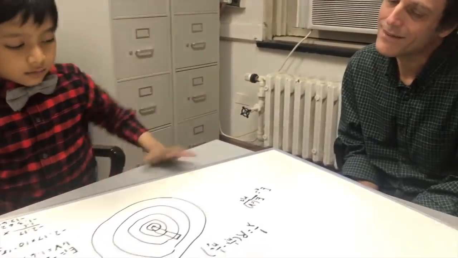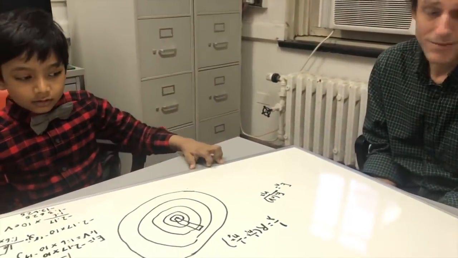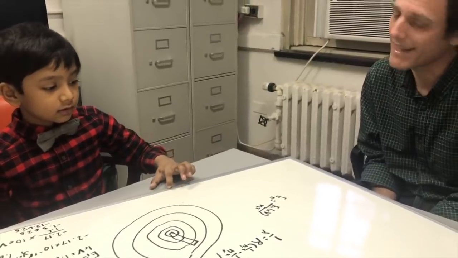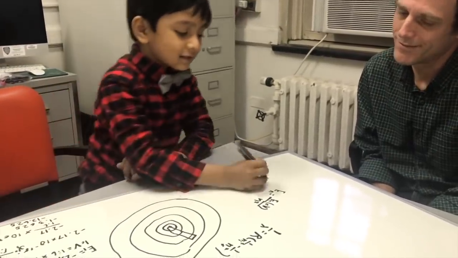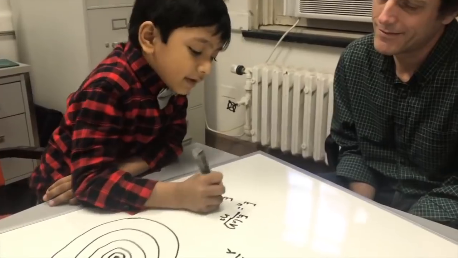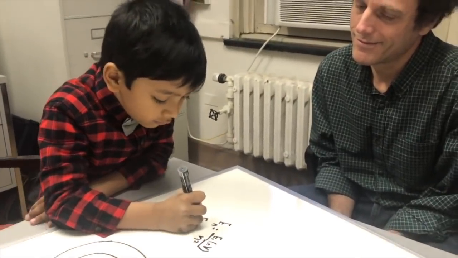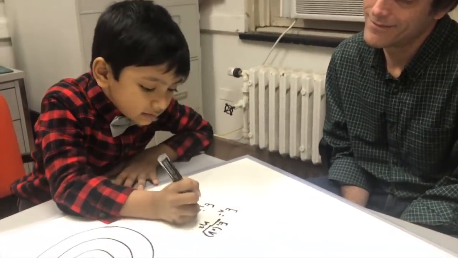I see. Okay. So can you use that to get E2? Yes. So if we plug in n is 2, then we would get this.